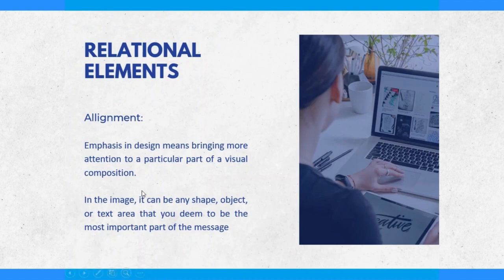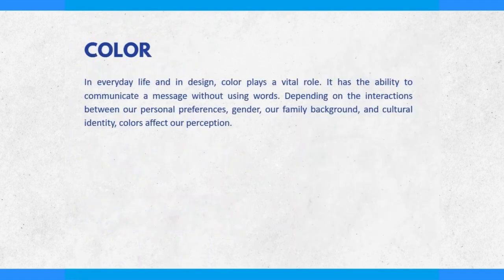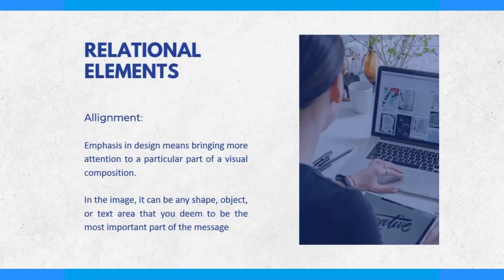Now we have alignment. Alignment in design gives more attention to a part of your visual composition. And when you have shape, object, or text that are important, it's crucial that you align them in a particular way. And I believe we talked about alignment in the previous slides.